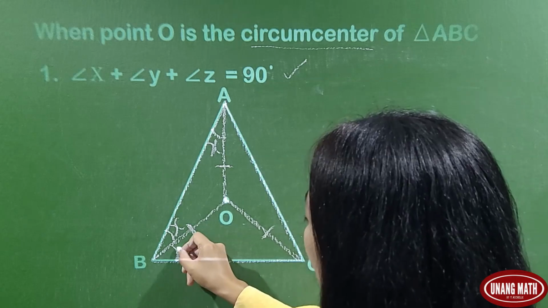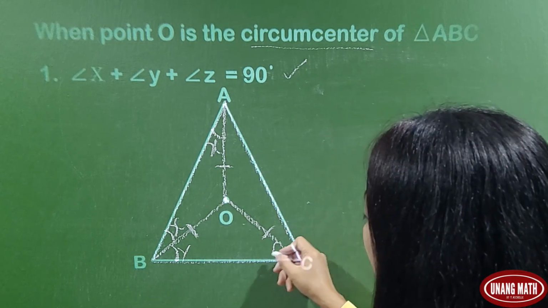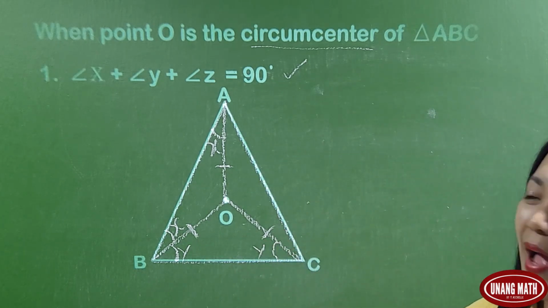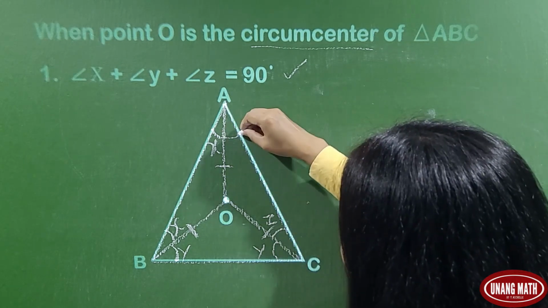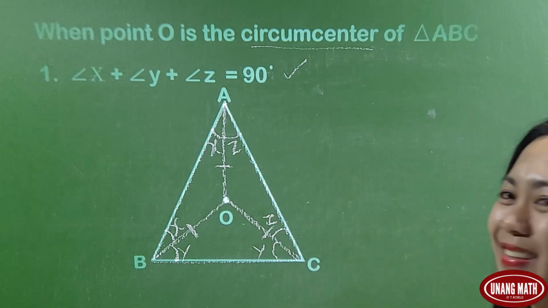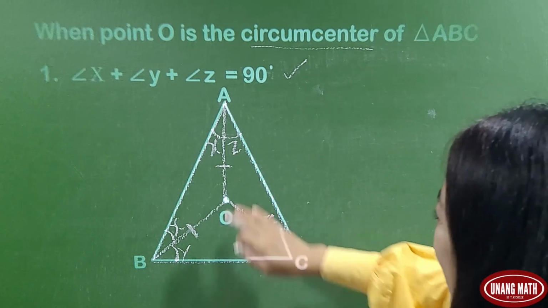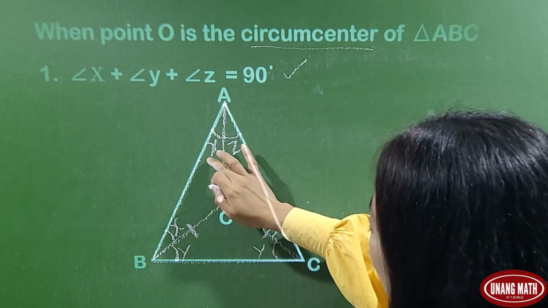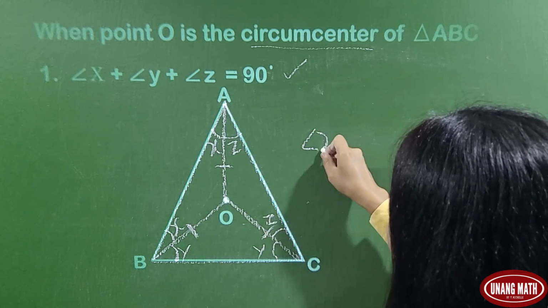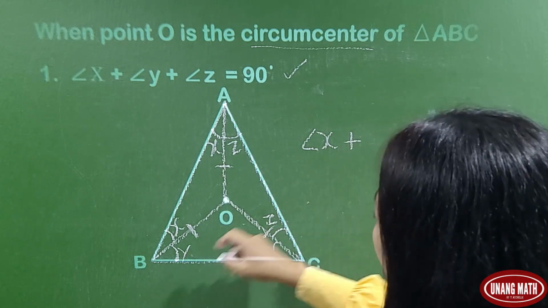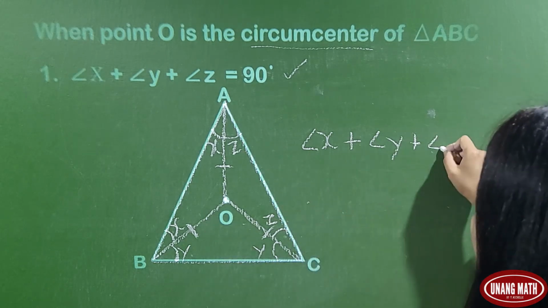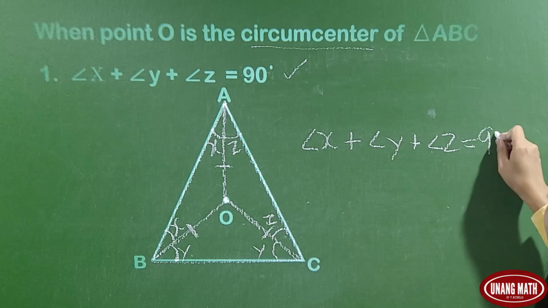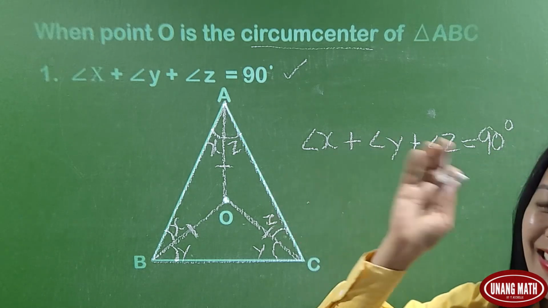Let's say this is angle Y, so this is also angle Y. If this is angle Z, then this is also angle Z. Now, if we get angle X plus angle Y plus angle Z, this is equal to 90 degrees.